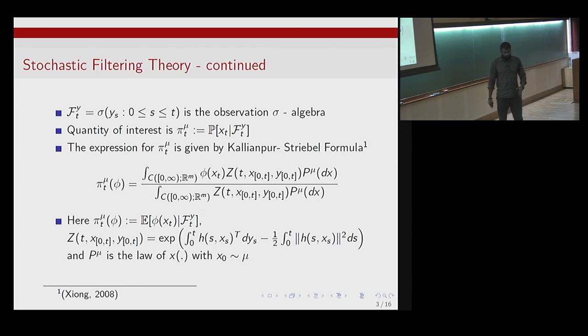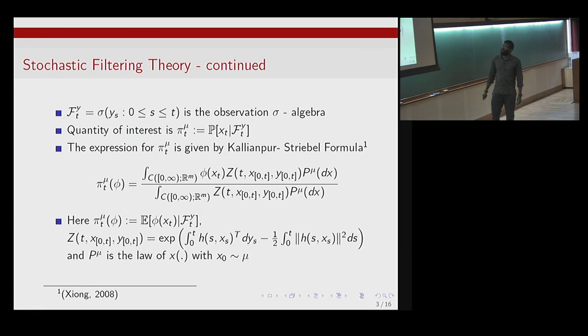To put it in rigorous terms, the information that I have translates into a sigma algebra. And the best estimate translates into the conditional probability of the state given the observation. This is how you have to read it.